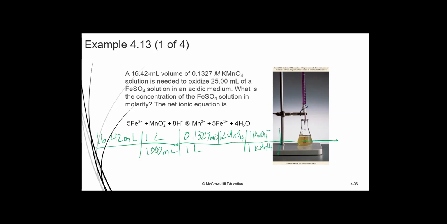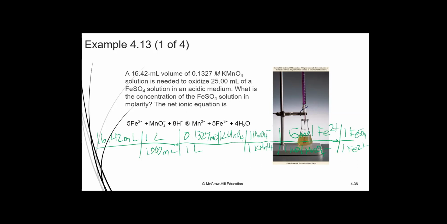And the next part that we can get it into is we know that 1 mole of MnO4 will get us 5 moles of Fe2+. And there's 1 Fe2+ inside of 1 FeSO4.